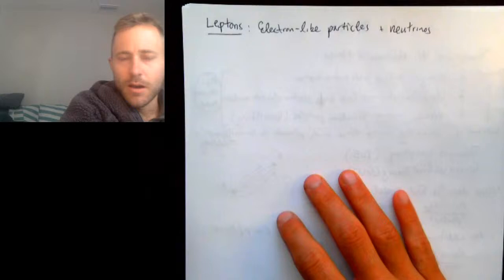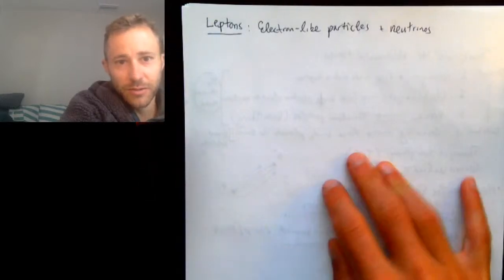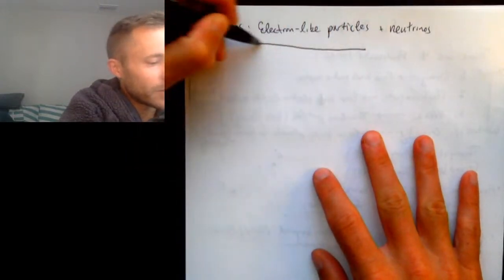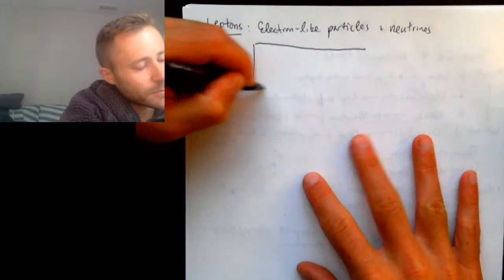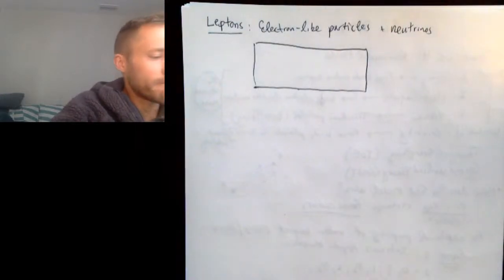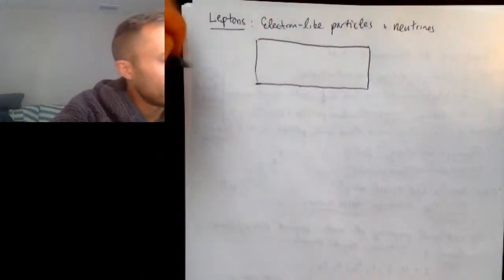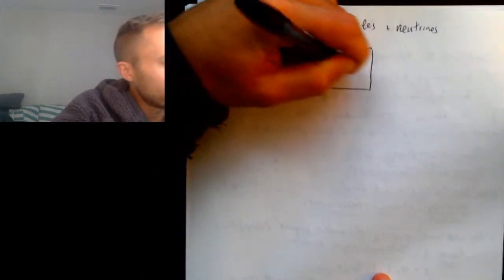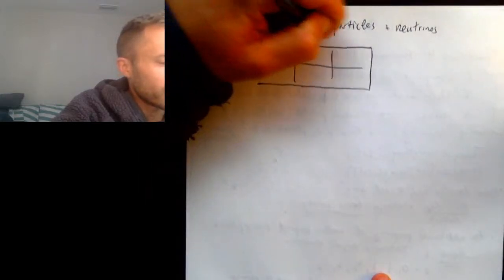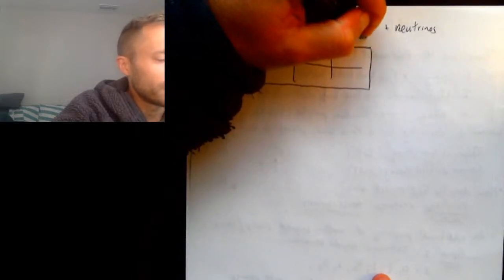Okay. And so those are typically arranged into a row. There are 6 leptons. Okay. And again, as we go to the right along the table, we get more massive.